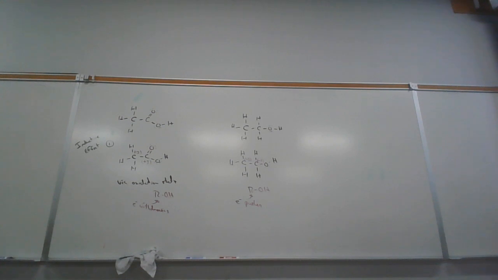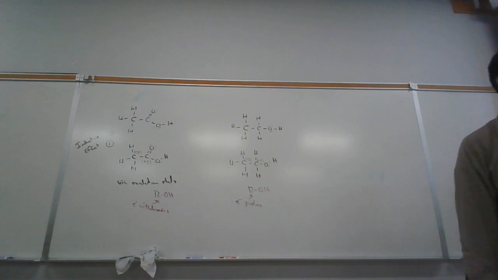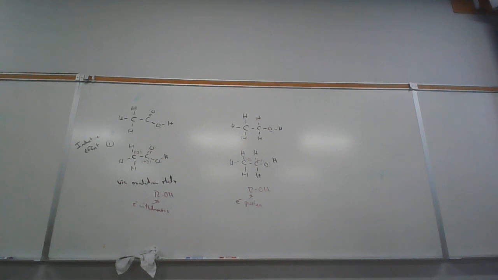EWG, electron withdrawing group. So that would be our EWG here. But on the right, it's not an EWG. If we use pushing, it should be EPG, but if we use donating, it's this is from UCLA. Let's see what UCLA uses.